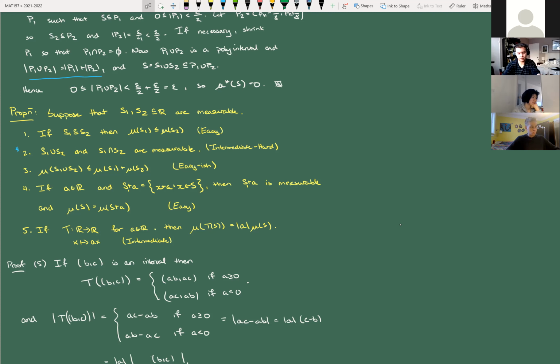But not too much more about measure itself, because this is not a measure theory class. I don't want it to be a measure theory class. I hate measure theory, just FYI. I don't want to spend more time doing measure theory than we have to, because it sucks a lot.